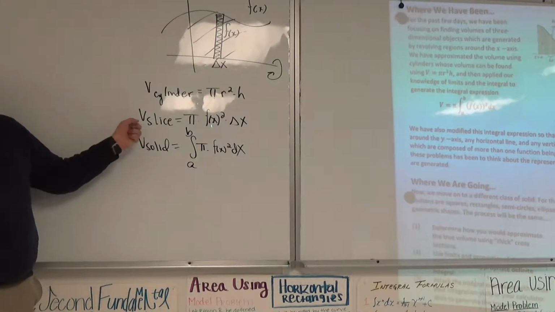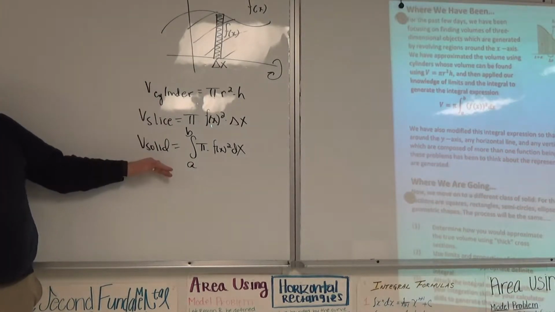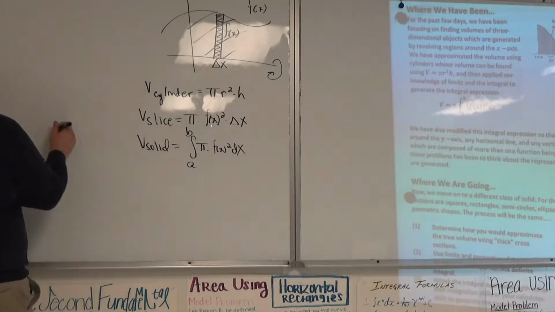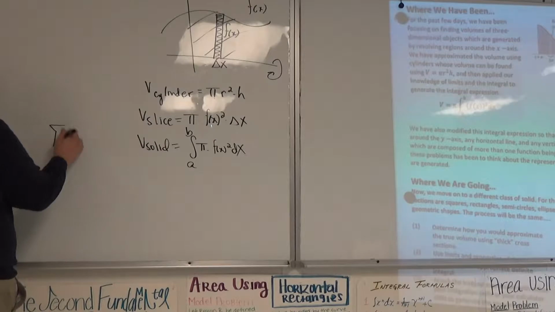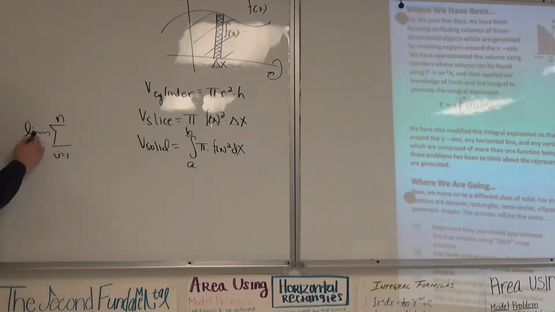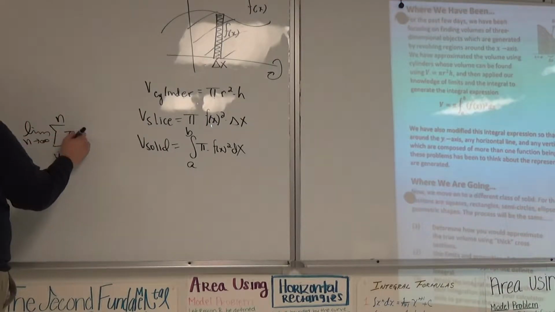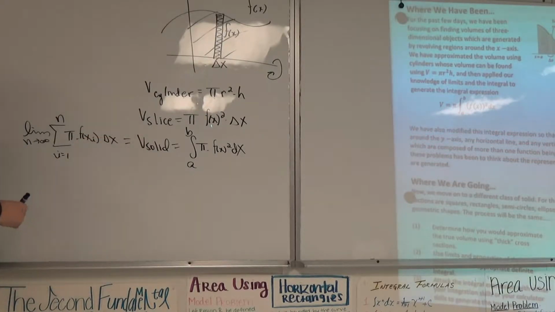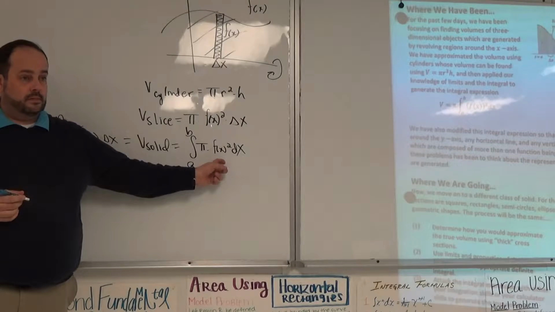You think first about a slice, and then you think about the solid, because what's really hiding in here is the infinite sum, the limit as n approaches infinity of pi f of x sub i squared delta x, and then you get the volume of a solid.